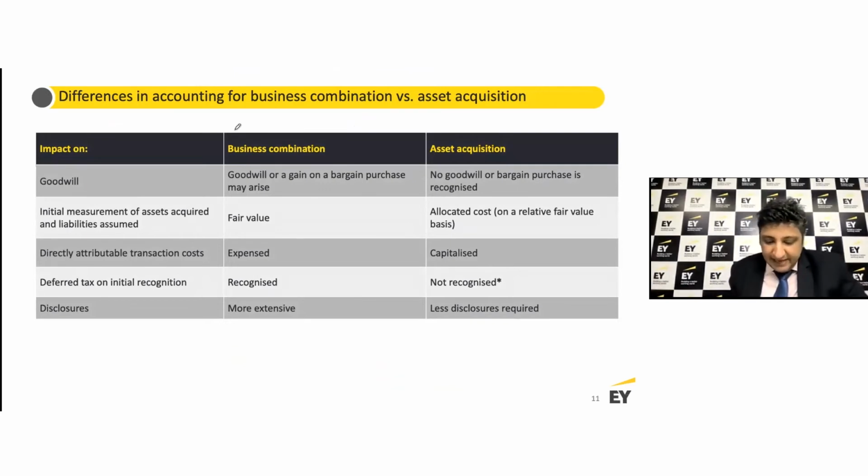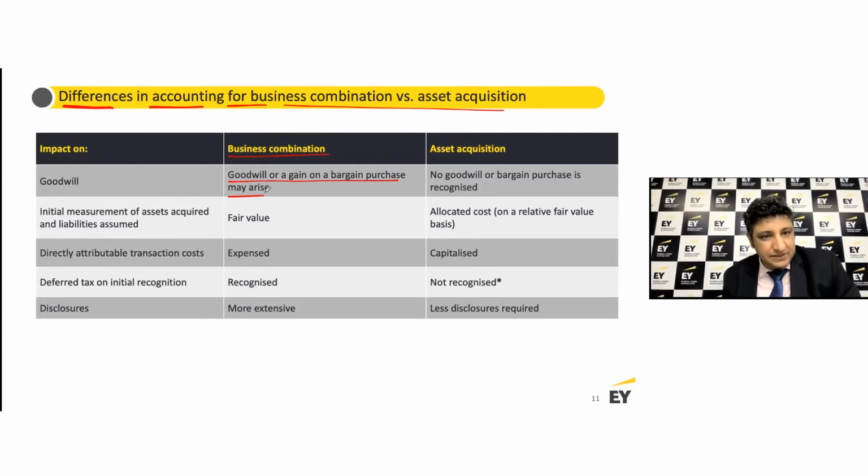As we said, the reason why we want to know these things is because there is a considerable difference between accounting for a business combination versus accounting for an acquisition of an asset. Clearly, under a business combination, you will see most of the times a goodwill, a positive goodwill or a negative goodwill.